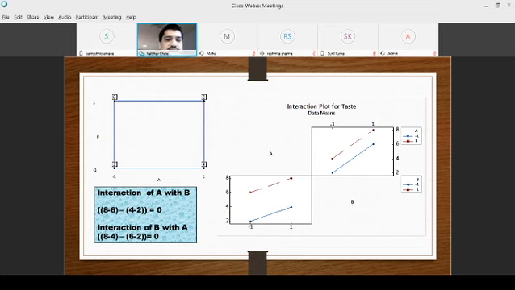Whenever we are going to have parallel lines, there won't be any interaction. That means in this case, there are parallel lines, and we have proved it with simple mathematics that we are going to have the interaction effect as 0. That means graph as well as the mathematical equation prove that there is no interaction between baking time and the type of the sweetener. So baking time has more effect.